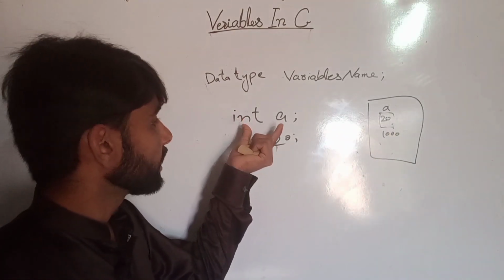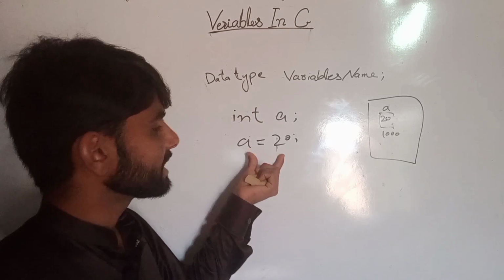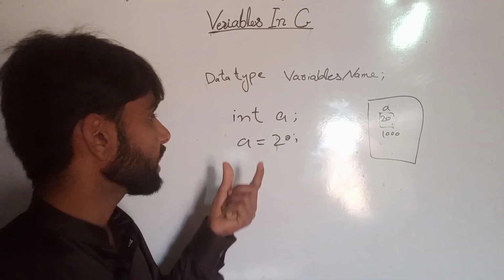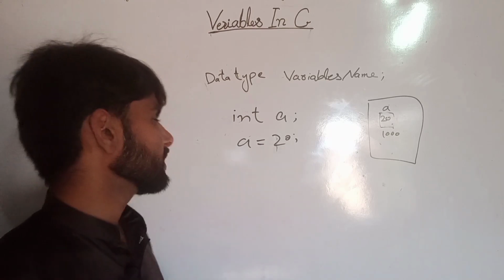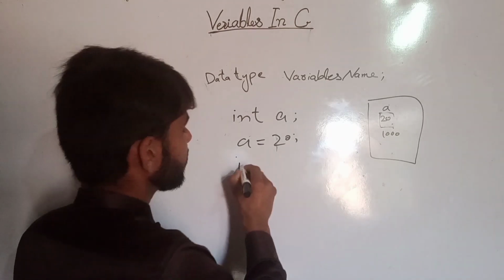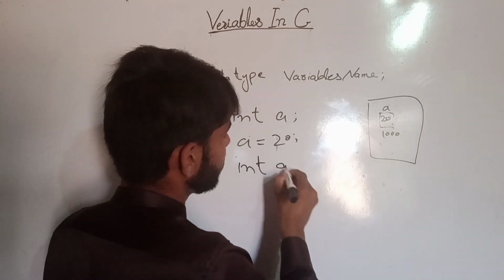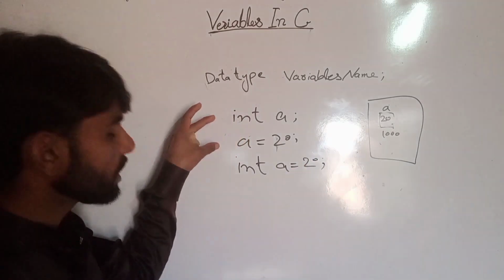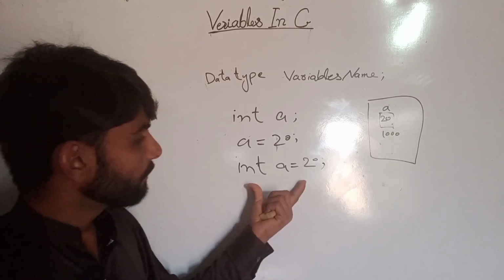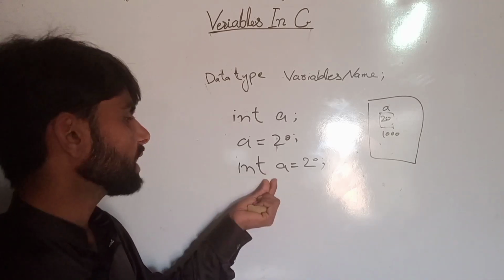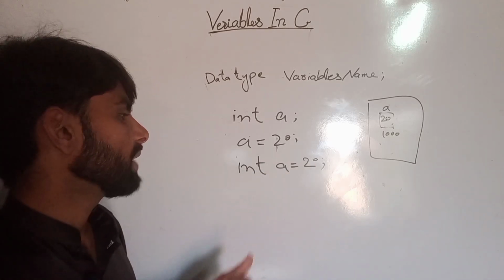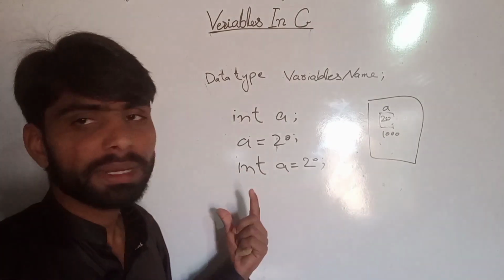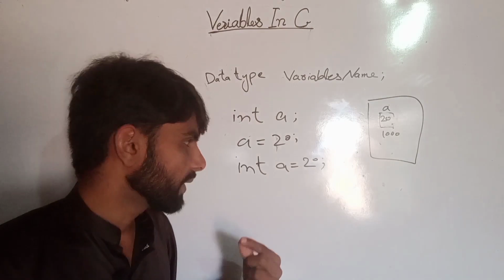So this is the declaration of the variable and this is the initialization of the variable. In a single statement we can declare and initialize a variable. So if I write int a equal to 20, rather than using two statements, we can write declaration and initialization in a single statement. Giving a value to a variable is called initialization of the variable, right?